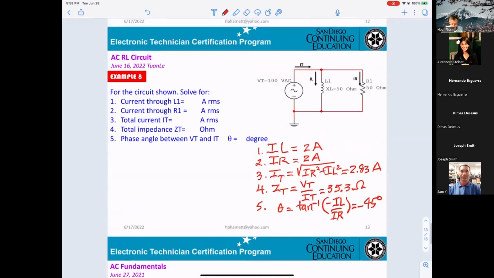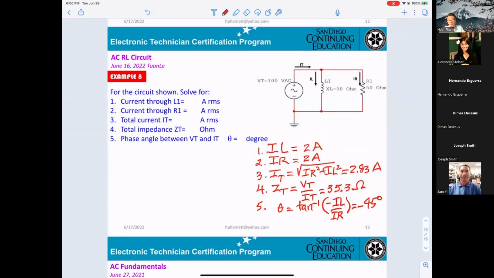Okay, and the question on RL in parallel. Normally for your job interview, they're not asking you to do the calculation.